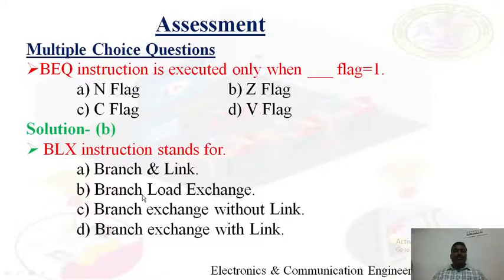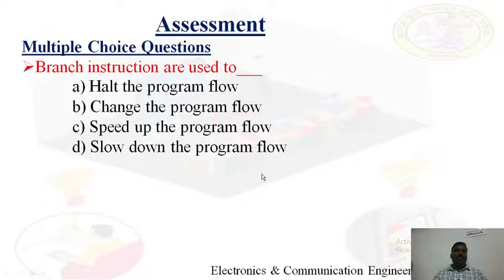Now coming to this instruction, the BLX instruction stands for: branch with link, branch and link, branch load exchange, branch exchange without link, branch exchange with link. The answer is branch exchange with link. Okay, so now move on to the next slide.